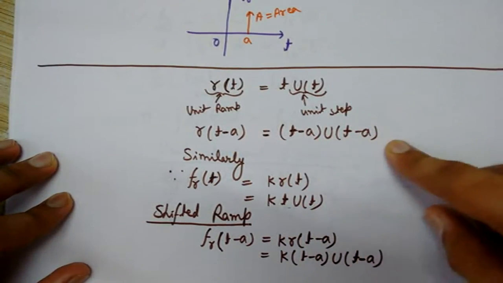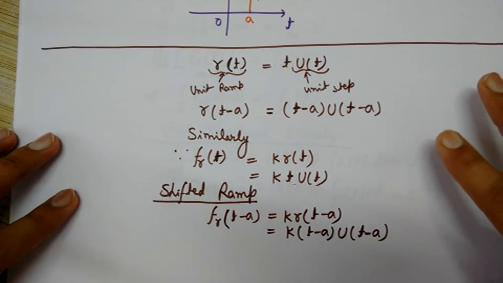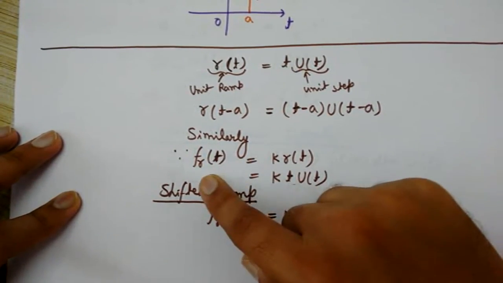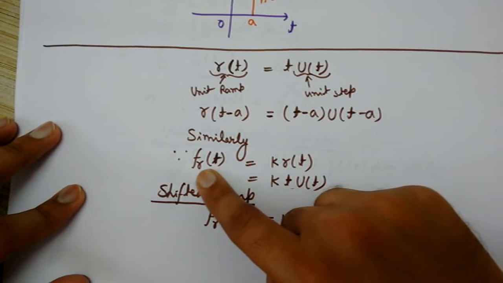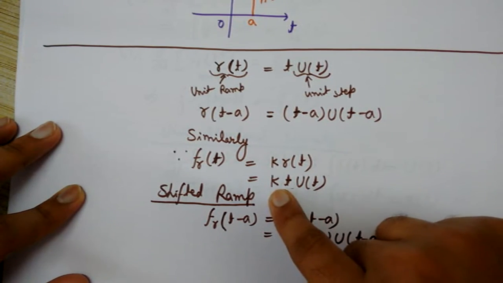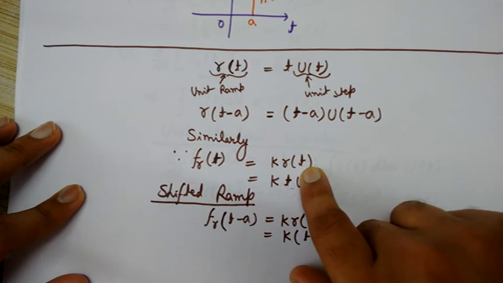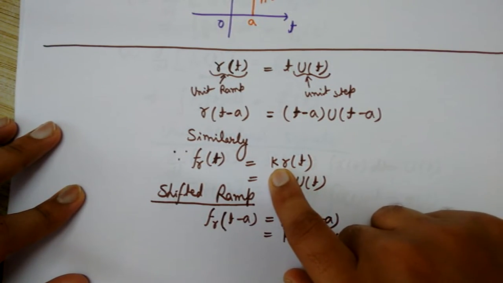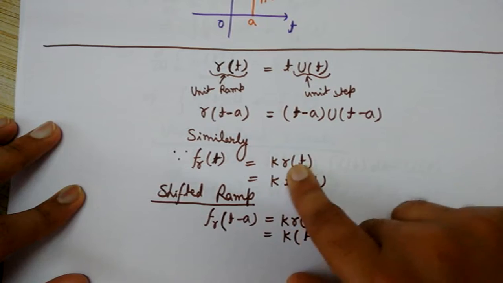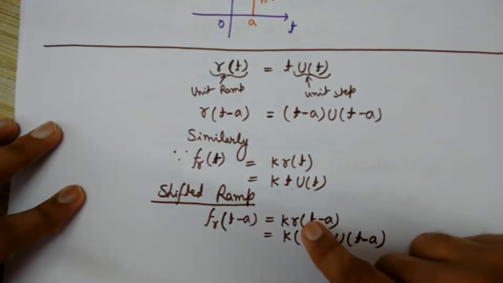Similarly, for the general ramp signal f_r(t), we have seen that f_r(t) equals K times r(t). Since K was 1 in the case of the unit ramp, K is the same here, and r(t) is nothing but t u(t). So f_r(t) is K t u(t).